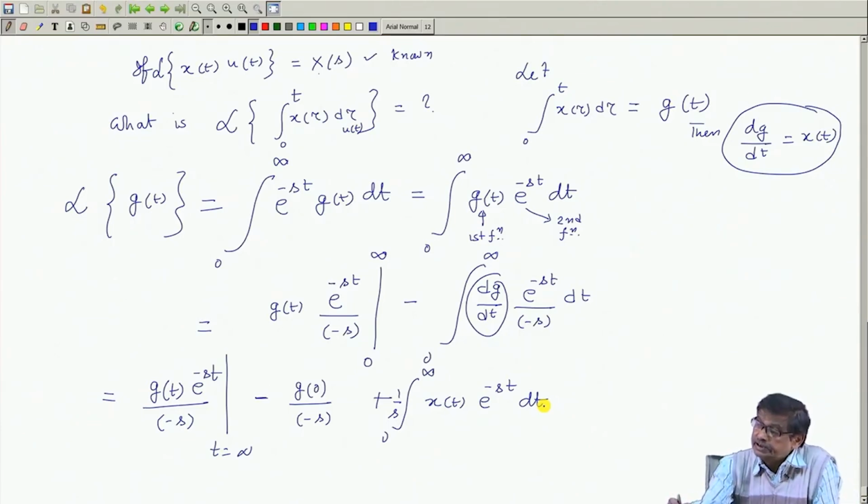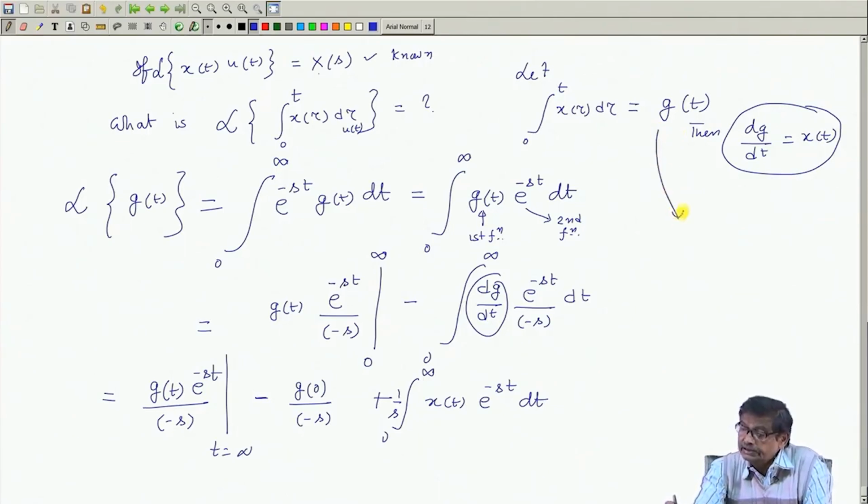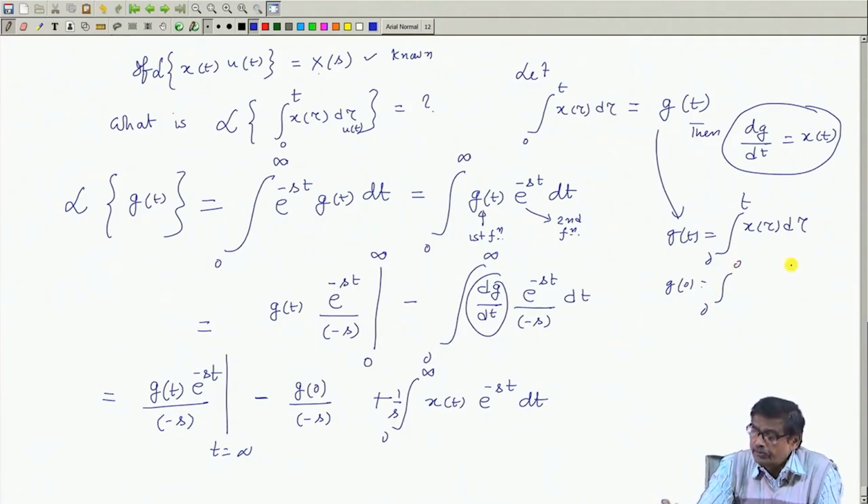Now, the question is, g(t) is this. So what is the value of g(0)? Since g(t) is the integral from 0 to t of x(tau) d tau, what is it? Area under the curve, and g(0) is 0 to 0, so no area will be covered. Any function if you integrate with the same limit is 0.